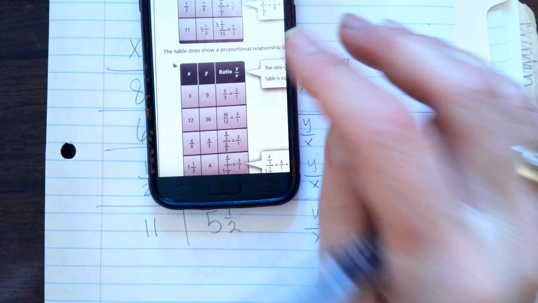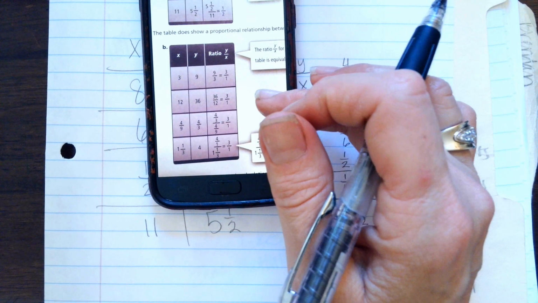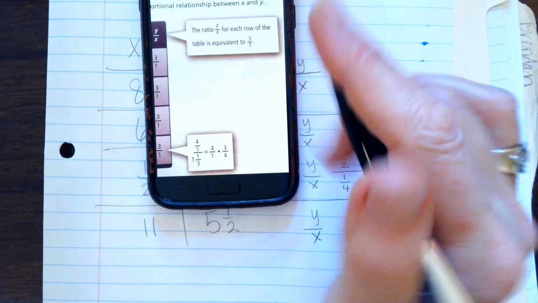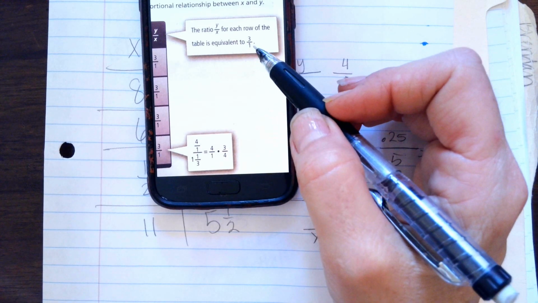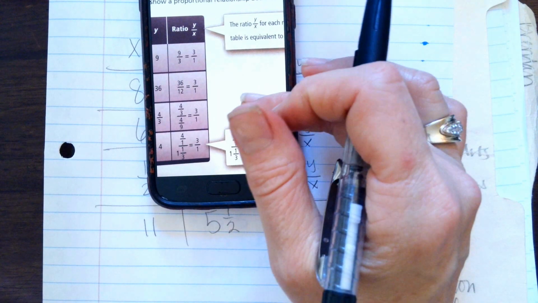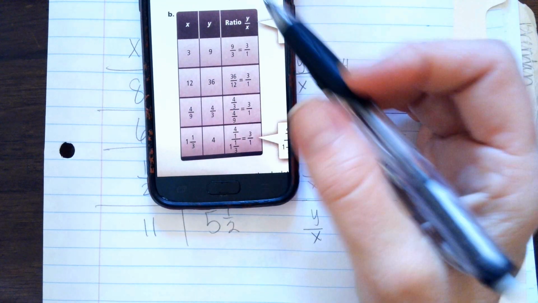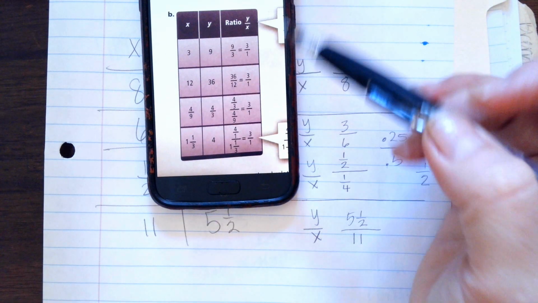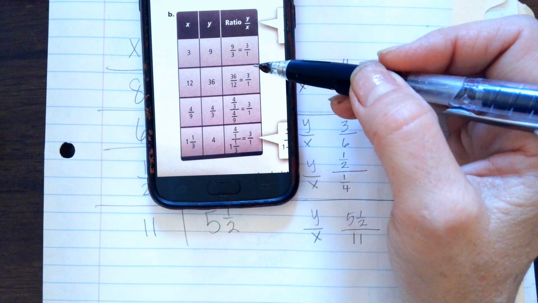And then now they're telling you, here's the relationship. The ratio x over y for each row of the table is equivalent to 3. And so they're saying that when you plug these numbers in, they picked the numbers, it just happens to be 3/1.